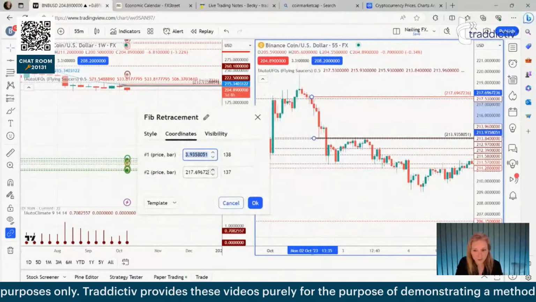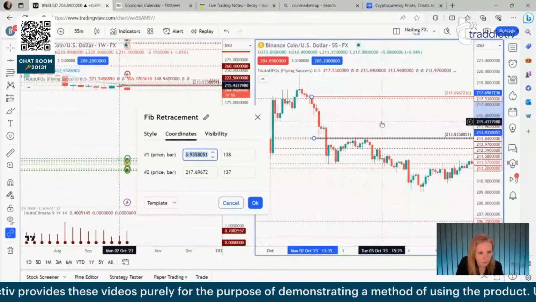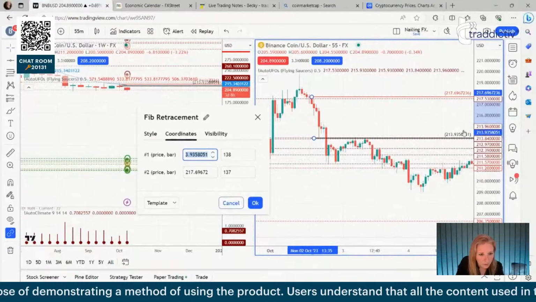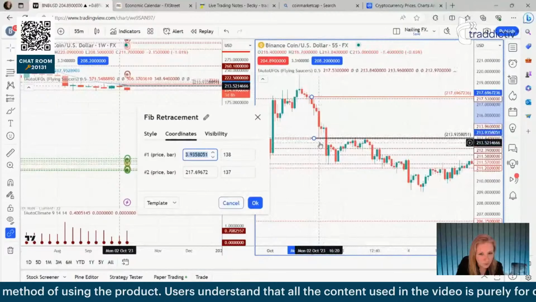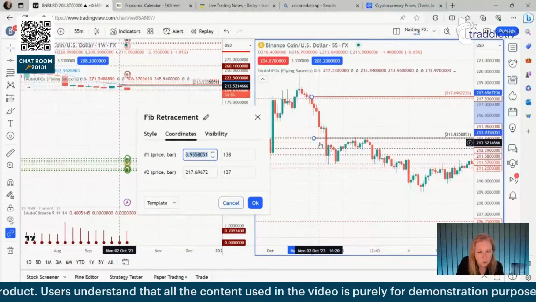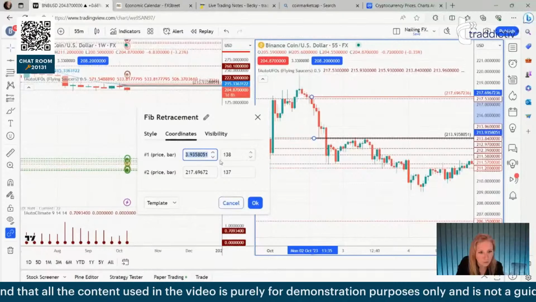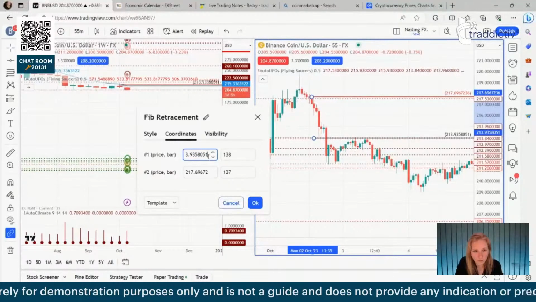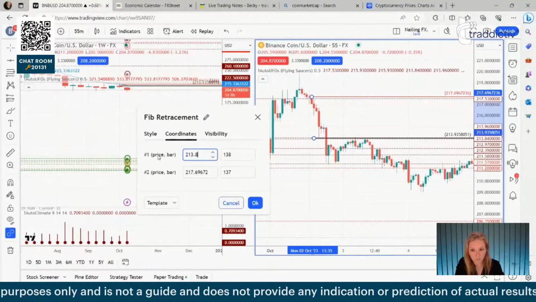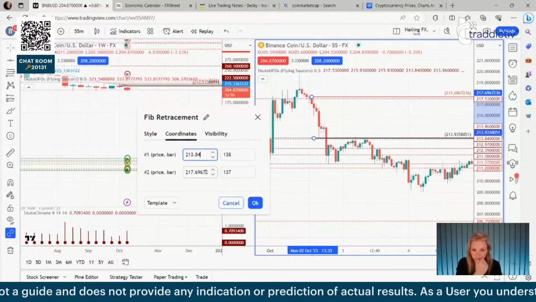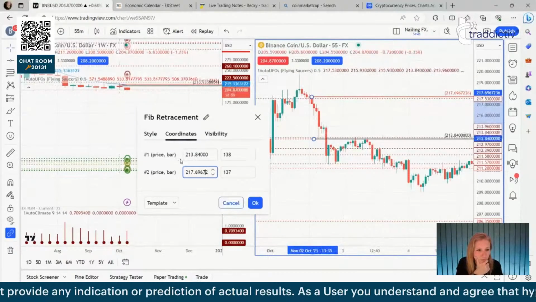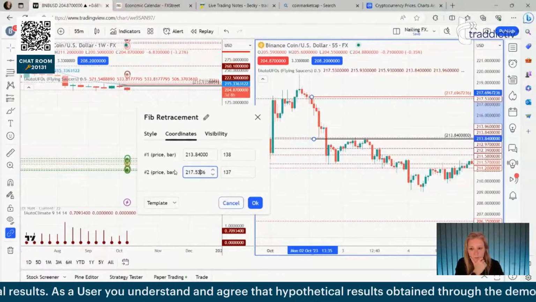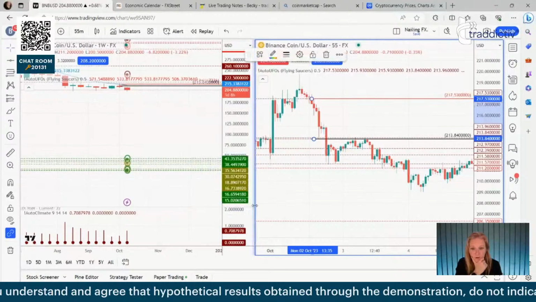So that general area is between, I think it's 2, so it'll be this low, wouldn't it? 213.84, okay. 213.84 to 217.53. Okay, so that's our area.